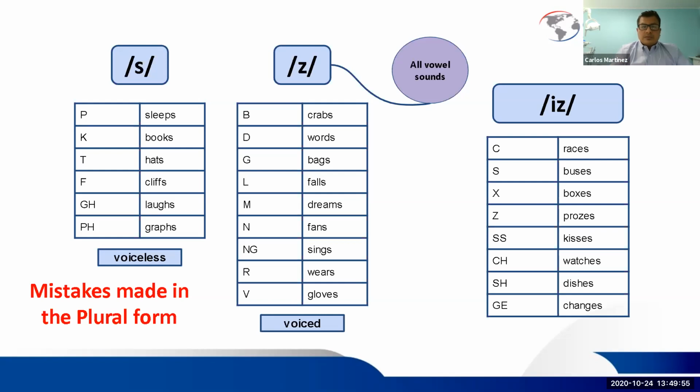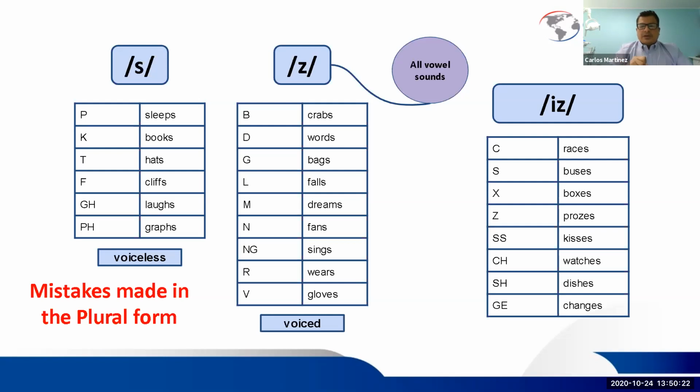Now, sometimes when we have sibilant sounds, or to make it easier, whenever you have a word that finishes in one of these letters, C, S, X, Z, double S, CH, you're going to add one more syllable, the syllable -es. For example, race, races, two syllables. Bus, buses. Box, boxes.